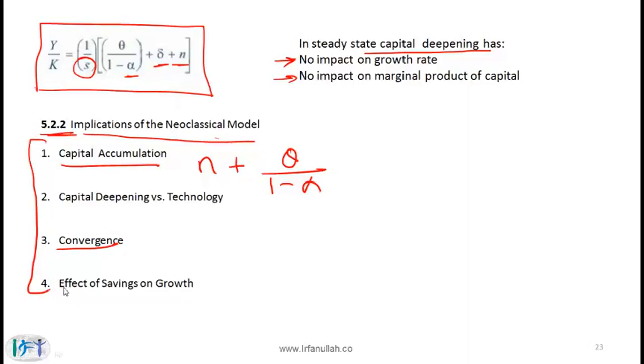And now, with respect to the effect of savings on growth, the initial impact of a higher savings rate is to temporarily raise the rate of growth in the economy. In response to the higher saving rate, growth exceeds the steady state growth rate during a transition period. However, the economy returns to the balanced growth path after the transition period.